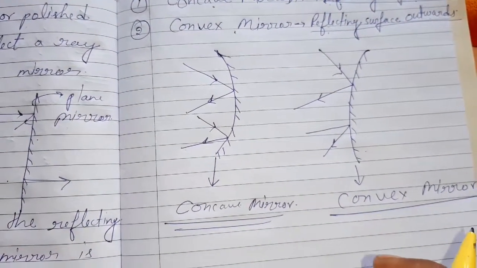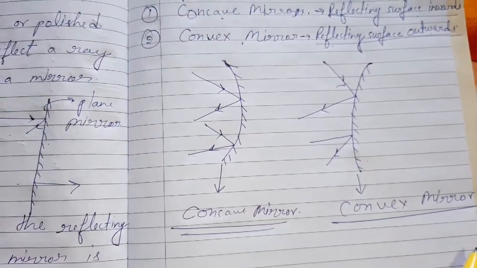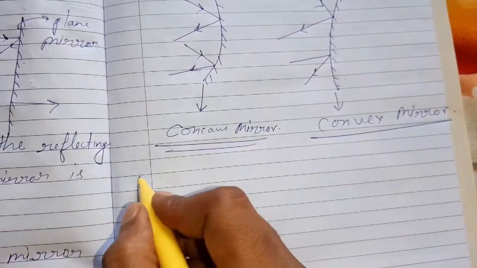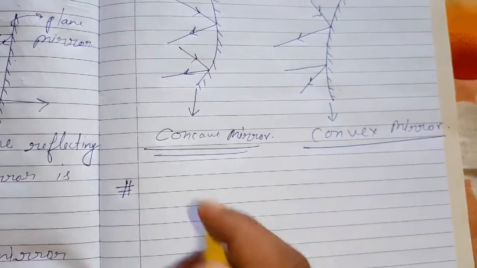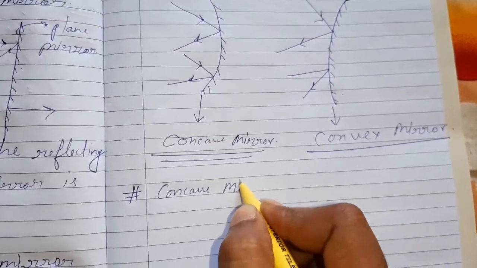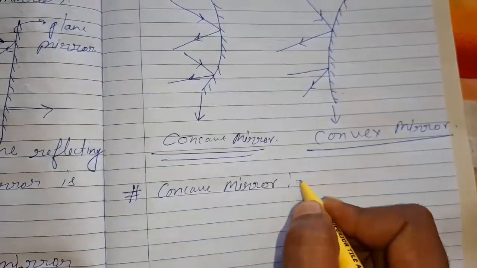So what is the correct definition of a concave mirror? Concave mirrors are the mirrors whose reflecting surface is curved inward. So here I will write concave mirror.